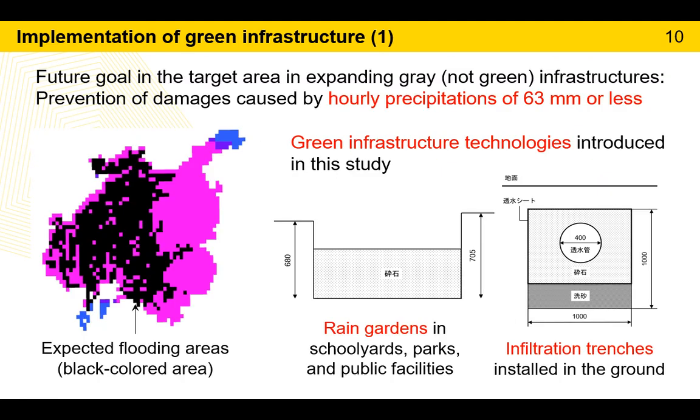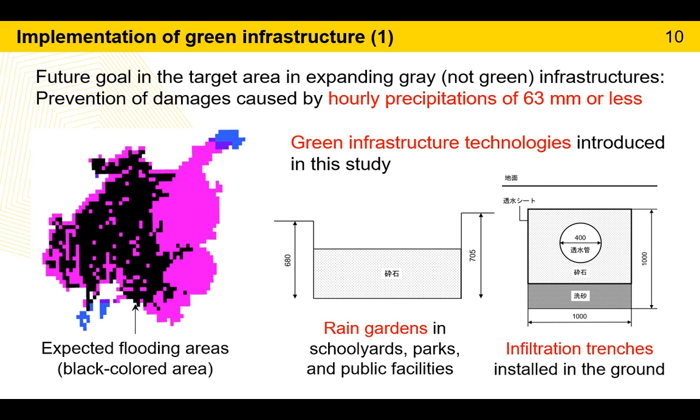Finally, I introduce one of the implementation effects of green infrastructure against severe future precipitation disasters. In the target area, there is a future goal of expanding gray infrastructures to prevent flooding damages caused by hourly precipitation of 63 millimeters or less.